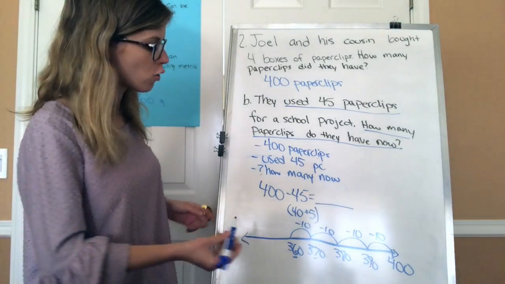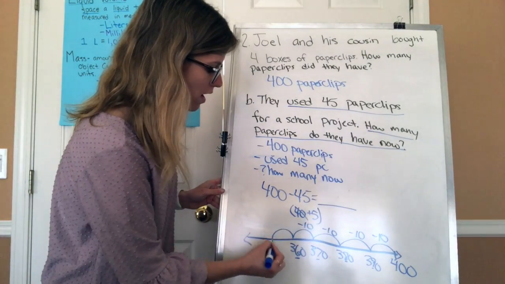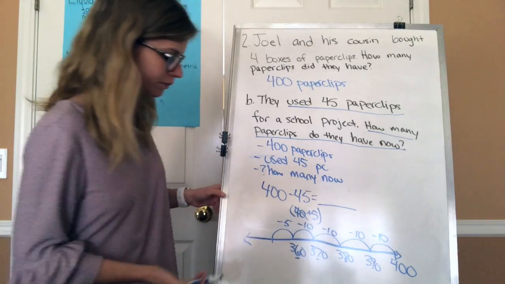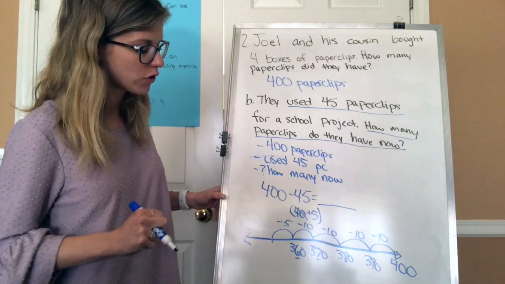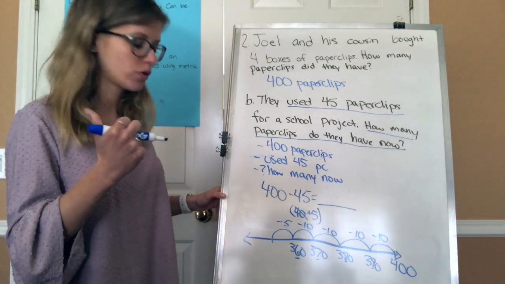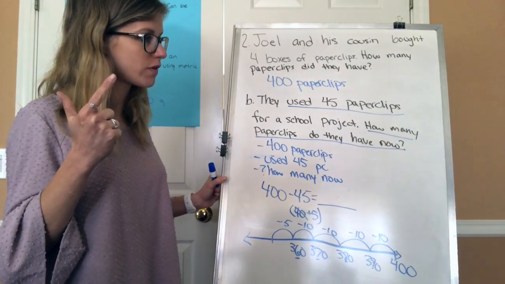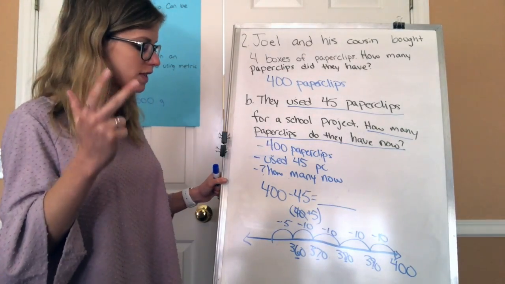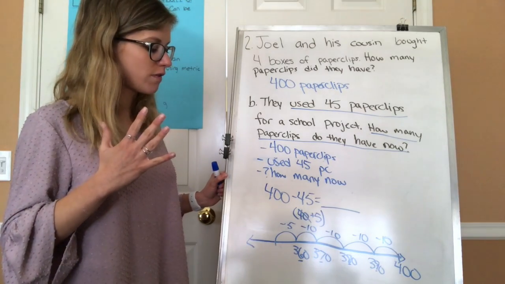And now I need to take away 5. So I took away 40, and now I need to take away 5. So I'm going to count backwards. Minus 5, 360, minus 1, 359, minus 2 would be 358, 357, 356, 355.